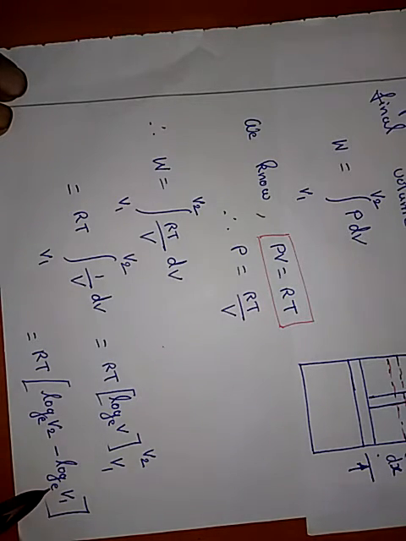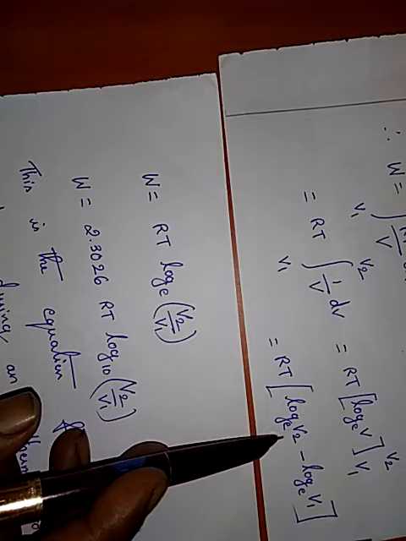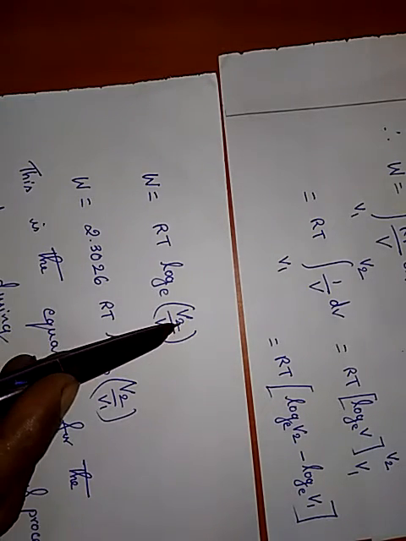The base is e, don't forget. So this is of the form log M minus log N. So we can write it as log M by N. So from this relation, we have work done is equal to RT log e V2 by V1.